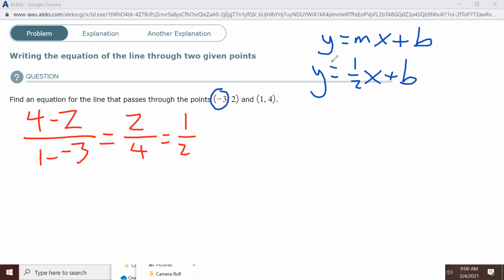I will plug -3 in for x because it is the x-coordinate of this point. And I will plug 2 in for y because it comes from the same point and is the corresponding y-coordinate. Now I have an equation in which I can solve for b.